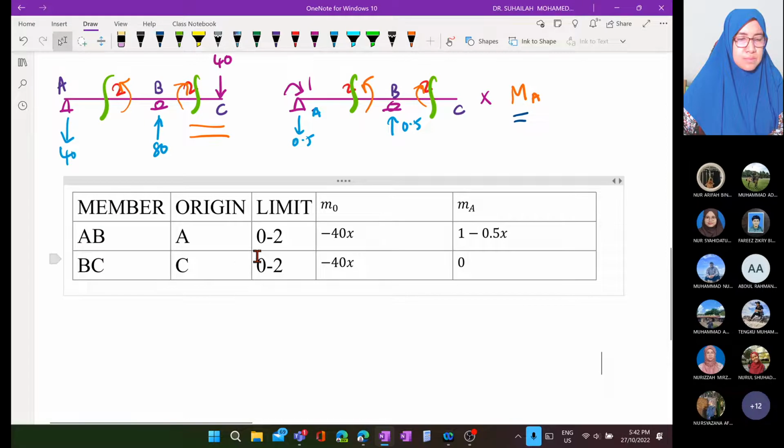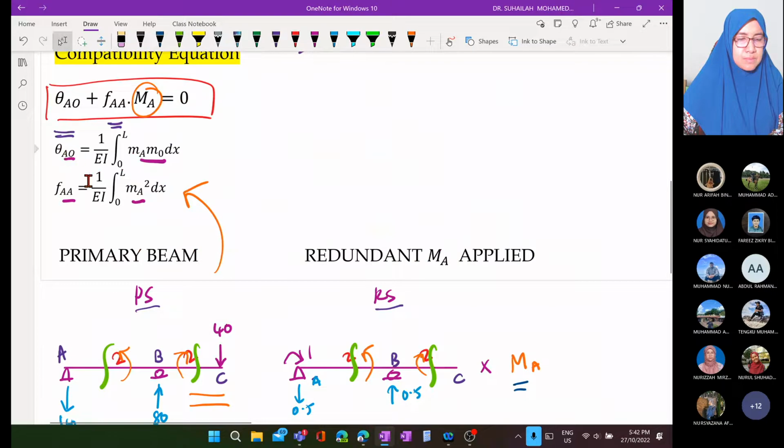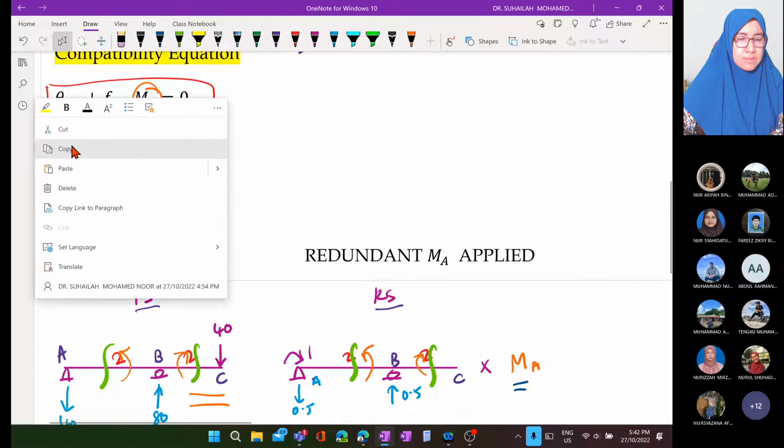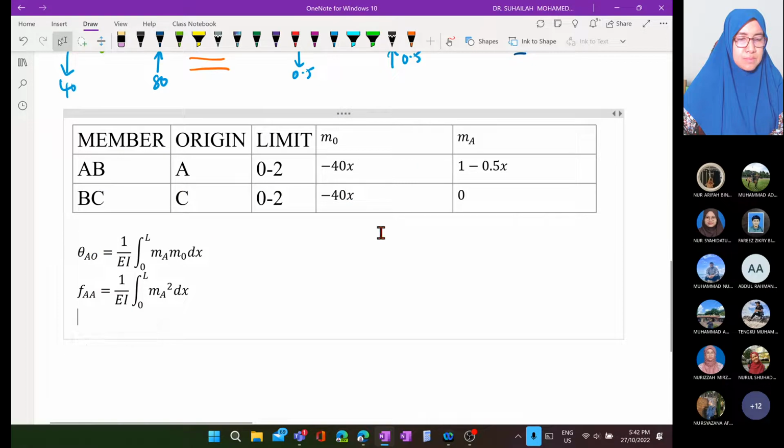Now we want to continue to calculate displacement. Displacement theta A0 and FAA. These are the two displacements, in the primary system and in the redundant system, that we need to calculate. We have to integrate the moment equation. Theta A naught means MA and M naught.